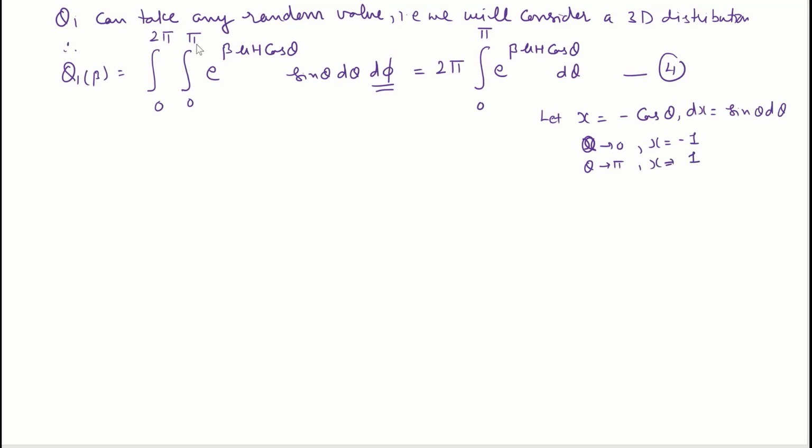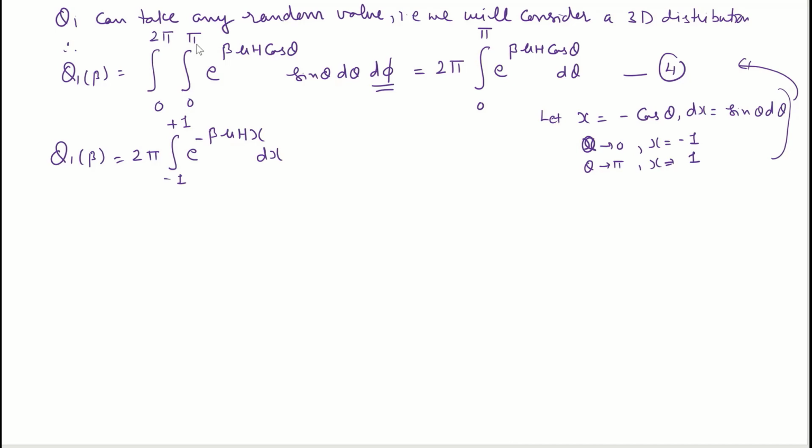Okay, so with these changes, equation 4 can be rewritten as q1 beta equal to 2 pi, integral from minus 1 to plus 1, exponential minus beta mu h x, and then dx.